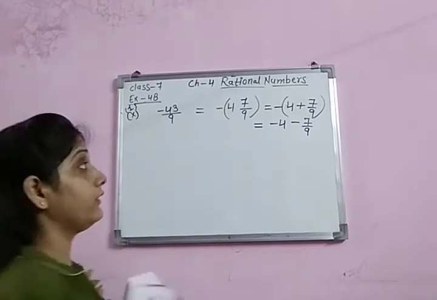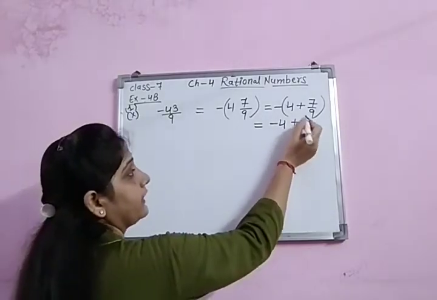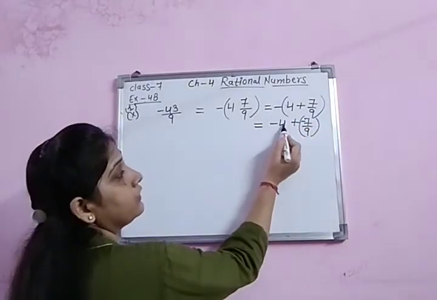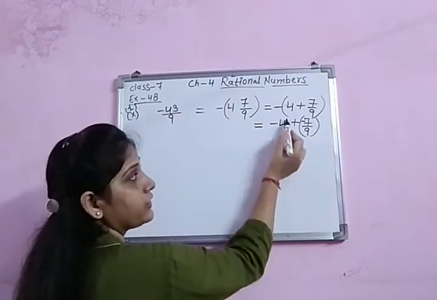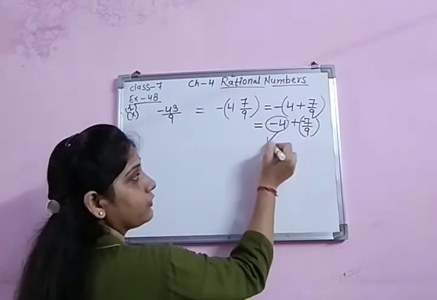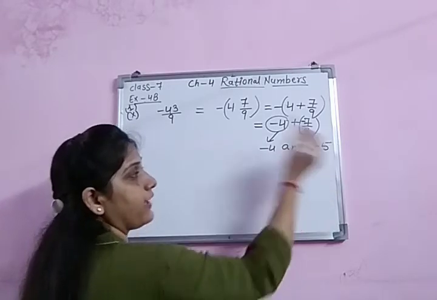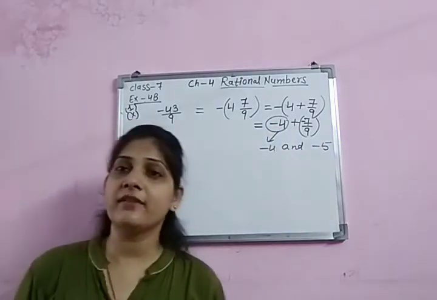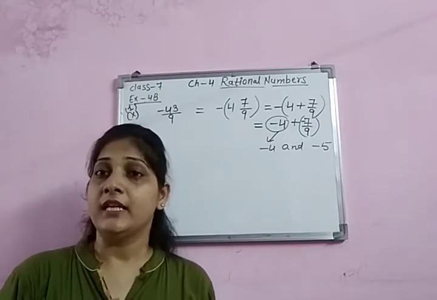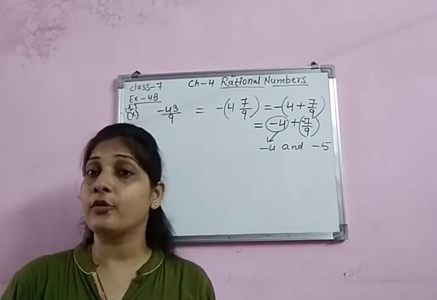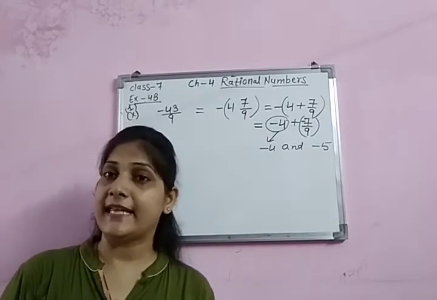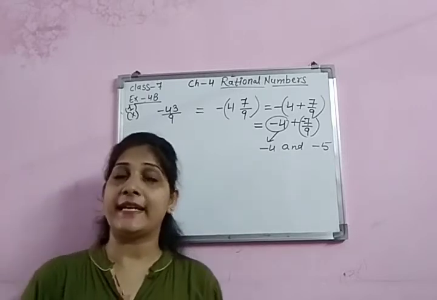So this is a negative proper fraction and this is a negative rational number. So the value exists between minus 4 and minus 5. Because negative is given, we have to take it with the negative sign. In the previous question, it was 4 and 5 positive. Here it is negative, so we have to take negative 4 and negative 5.